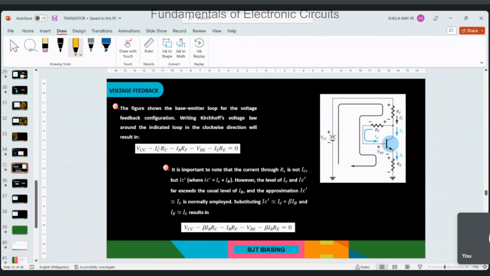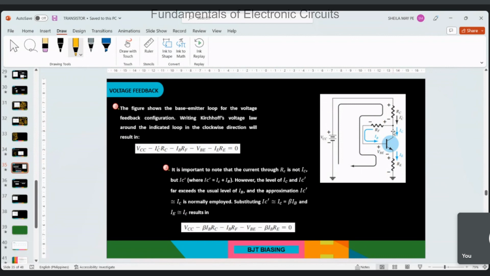We call it IC bar, class, because that current is flowing through our RC, after the RC.